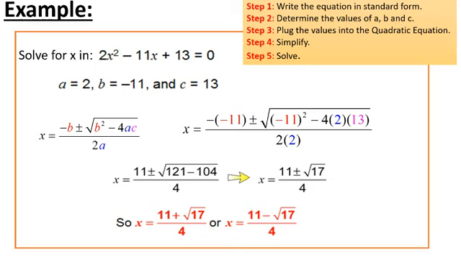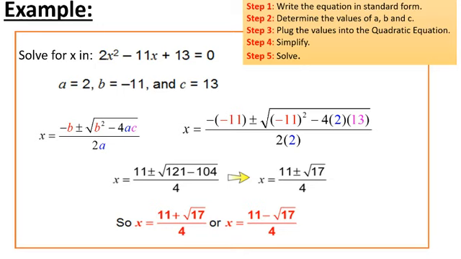So look at this example. If we were going to solve for x in 2x squared minus 11x plus 13, my a is 2, my b is negative 11, and my c is 13. So using the formula, you plug in your a, b, and c, and then you go ahead and simplify. When you simplify, remember to use the order of operations.